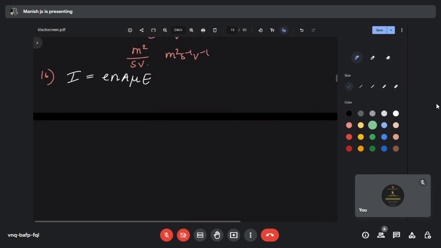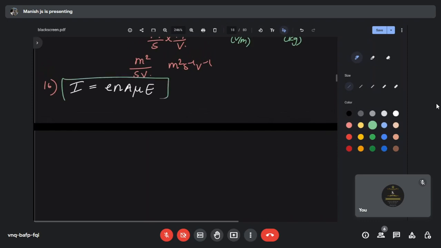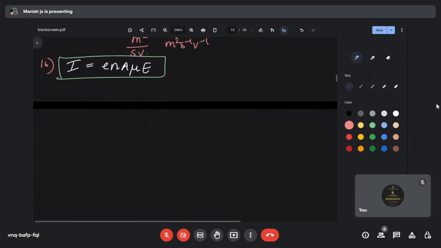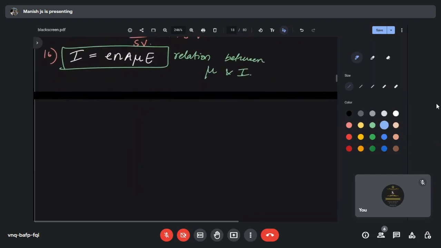So this is the relation between mu and I, that is mobility and current.